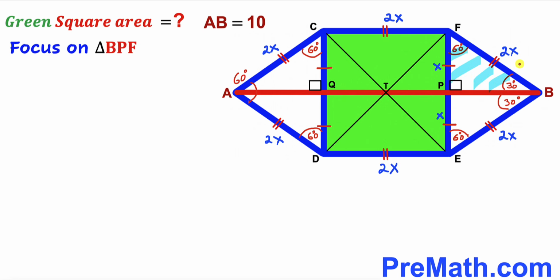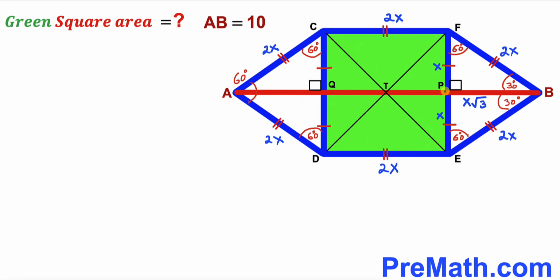Now we are going to focus on this right triangle BPF, and we can see this is our special 30-60-90 triangle. Furthermore, we know that the smallest leg is half of the longest side, the hypotenuse 2x. Therefore the third leg has got to be x times the square root of 3.